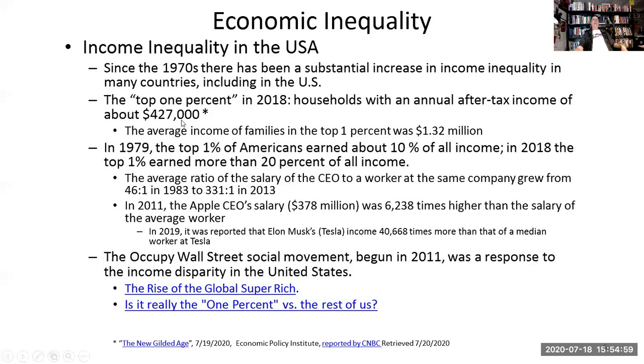Okay. You get to that point, 99% of American households bring in less than $427,000 per year. It's interesting to note that the average of that group, though, is 1.32 million, because that includes what you can call the 0.1% or the 0.01%.